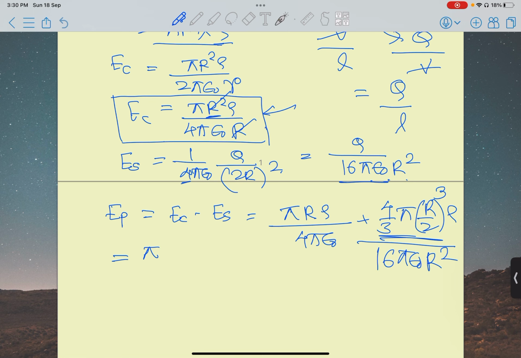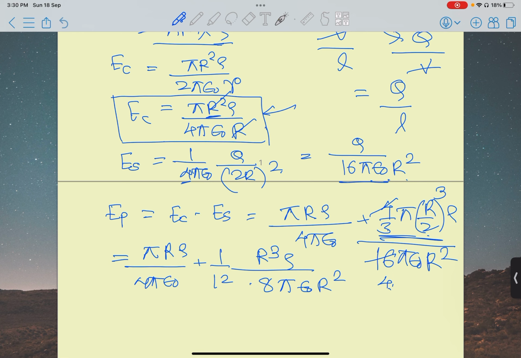So R rho upon 4 epsilon naught, minus, this 4 and this 16 will give 4, and 4 and 3 will get multiplied, so we have 1 by 12 R cube rho, and 2 cube is 8, over epsilon naught R square.